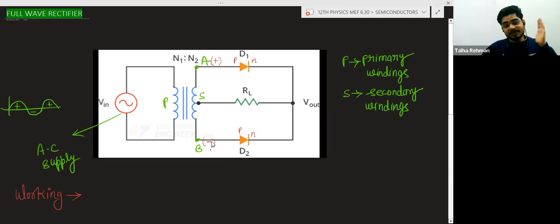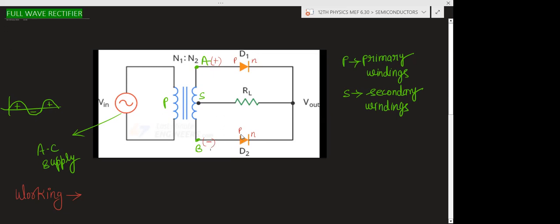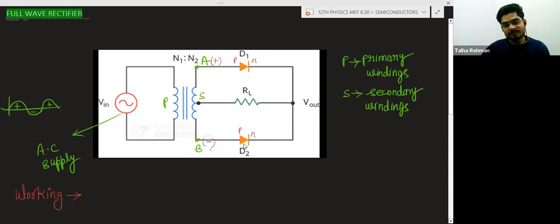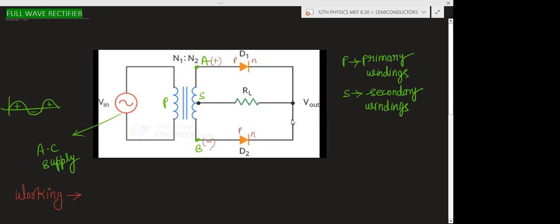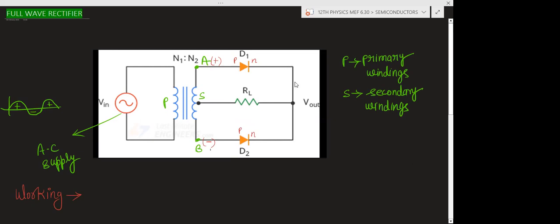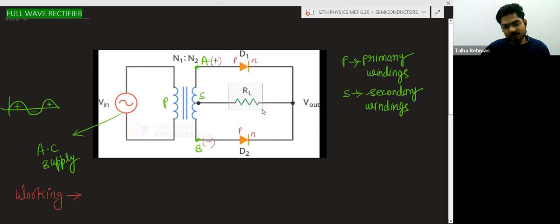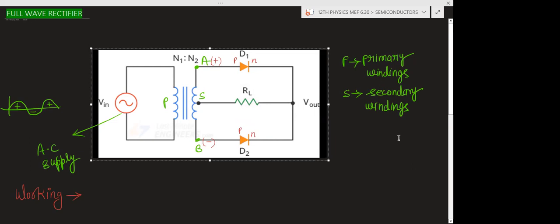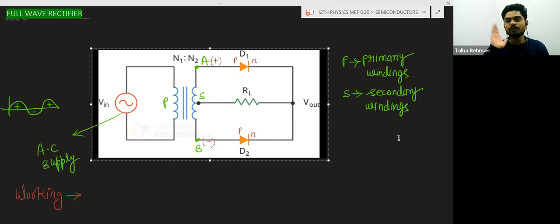This end is negative, which means it is connected to P type, and the other end is N type. So this diode is in reverse bias, and there will be no current in this diode. So leave this diode. There will be current only in this circuit, which means you will get the current across the load resistance, which means you will get the output.